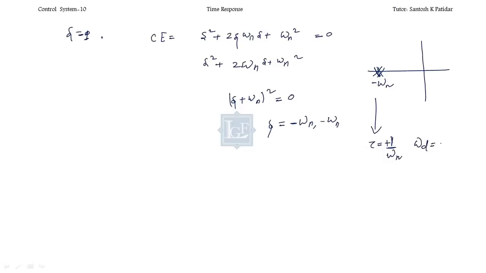What is the imaginary part over here? It's 0. So there is no frequency, no oscillations will be there over here. Is it okay? So this condition is called the critically damped system. When zeta equal to 1, your system will be a critically damped system.